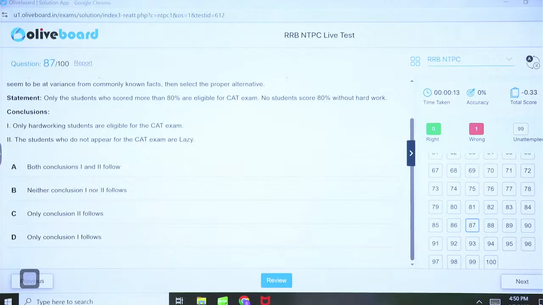Statement conclusion based questions, very common in NTPC examinations. Only the students who scored more than 80% are eligible for CAT exam. No students score 80% without hard work. This is the statement. Only hard-working students are eligible for the CAT exam.